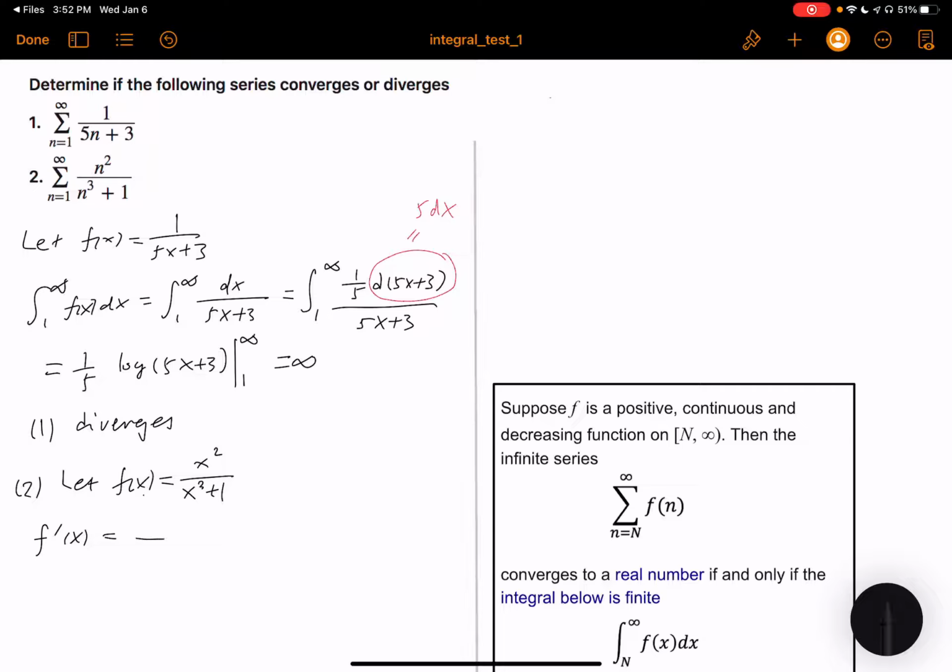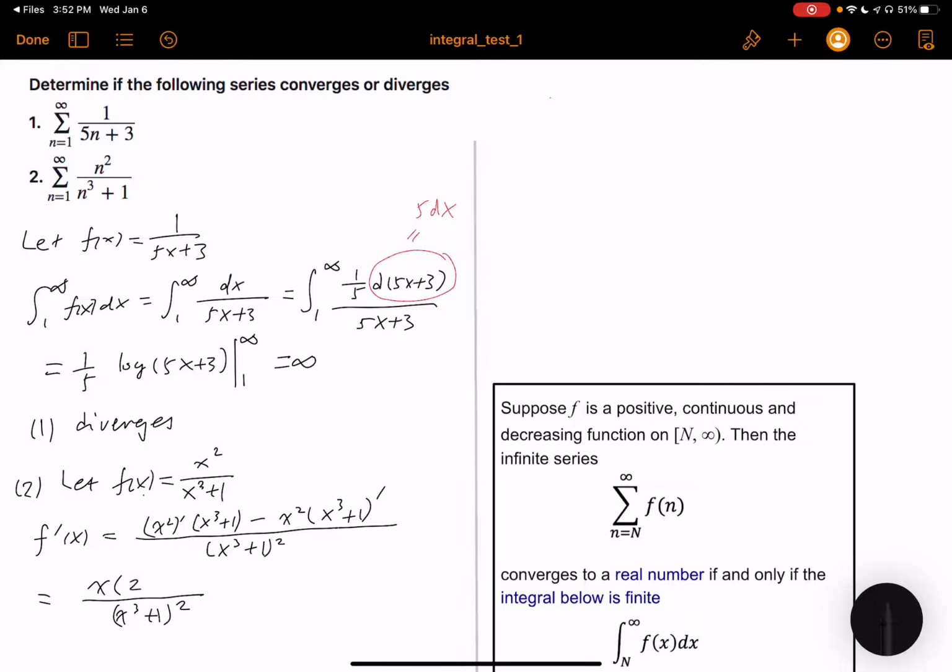This is equal to, by the quotient rule, over (x cubed plus 1) squared, (x squared)' times (x cubed plus 1) minus x squared times (x cubed plus 1)'. So this is equal to x times (2 minus x cubed) over (x cubed plus 1) squared.